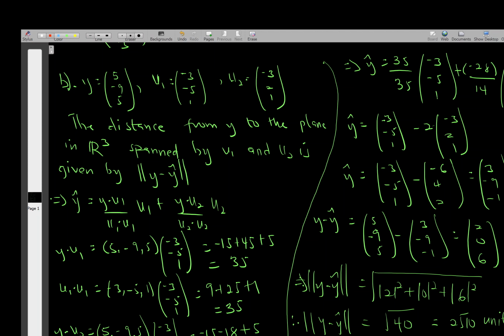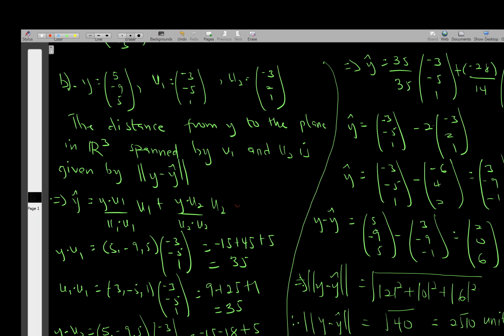This means that we are to find the distance from y to y hat. And y hat is the same as the orthogonal projection of y onto u, and the difference between y and y hat, that's y minus y hat, is the same as the component of y orthogonal to u. They are the same. So first of all, we find y hat.